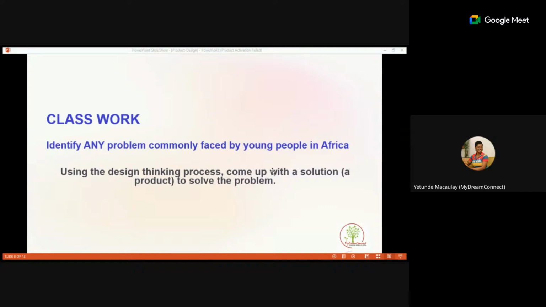Are we going to create milestones for their progress? Will they come and give progress reports? That's a solution. I'm just giving you an idea. So think around these problems that you have identified, and then you say, okay, let's create this solution, which will be a product that will solve that problem.